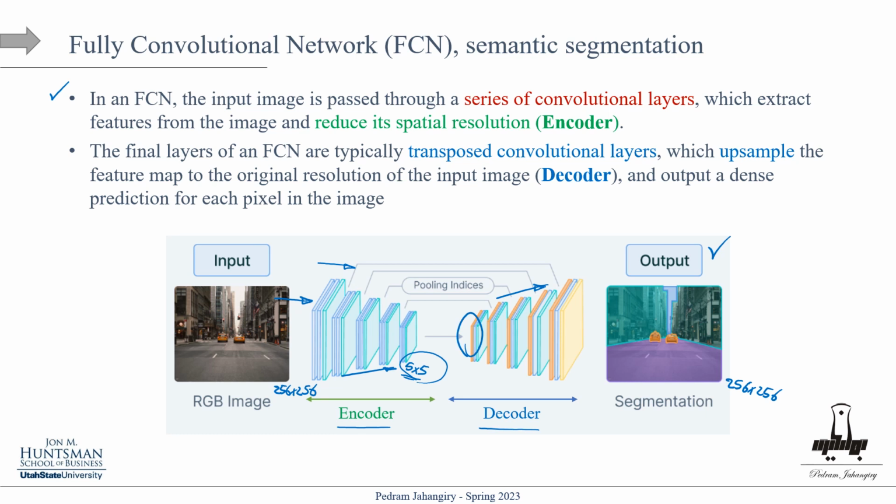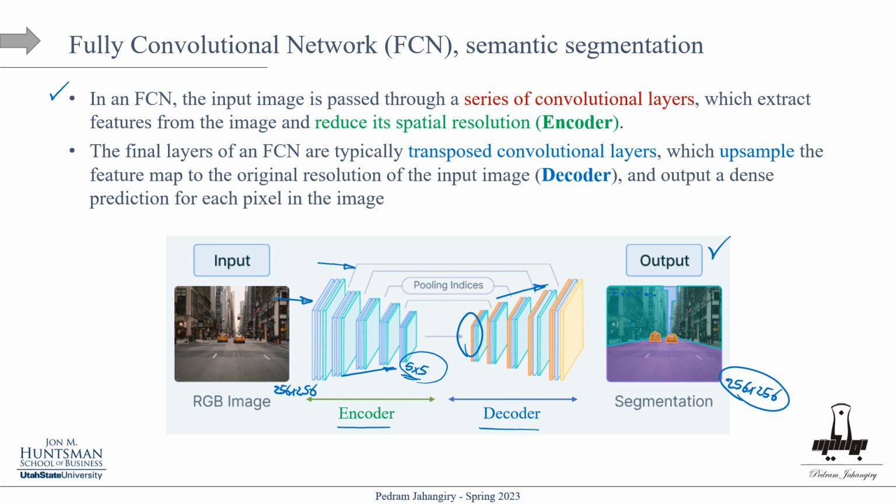So this is the decoder part, and of course it's going to output a dense prediction for each pixel in the image. The spatial dimension is 256 by 256, and for each pixel we now have a label. This is how this new network, called a fully convolutional network, helps us with semantic segmentation.